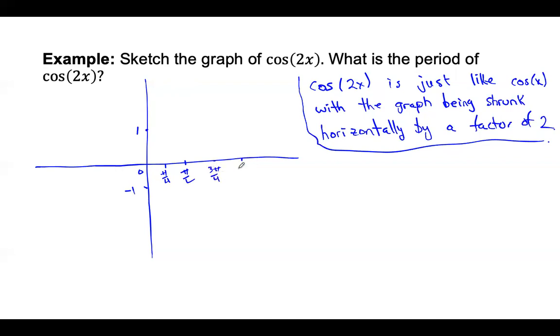I'm just making some labels here on the axis. Okay, so we're looking at cos. We know when x equals 0, 0 times 2 is going to be the same value. It's equal to 1 here.